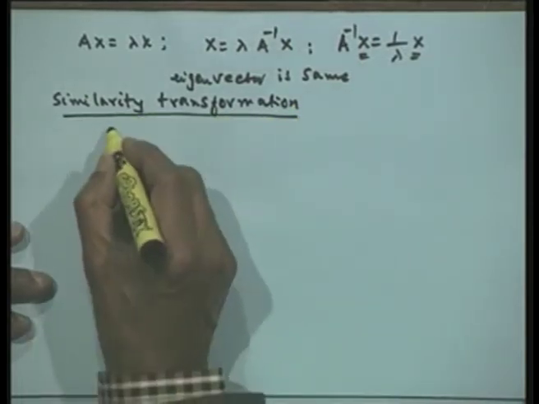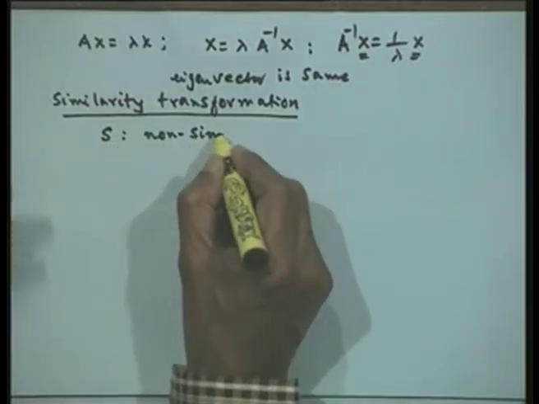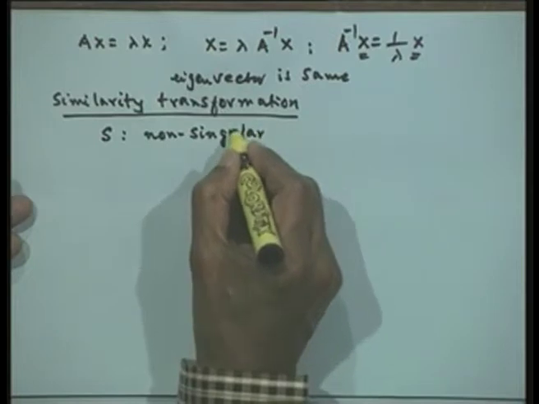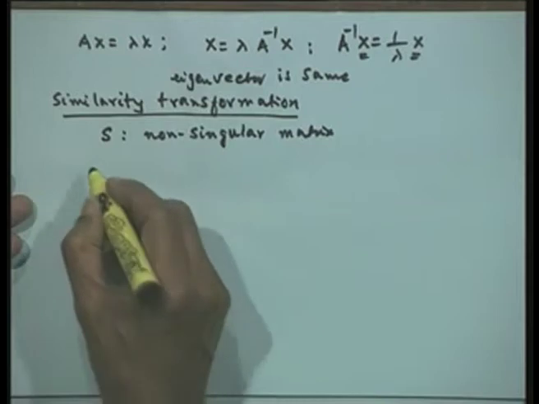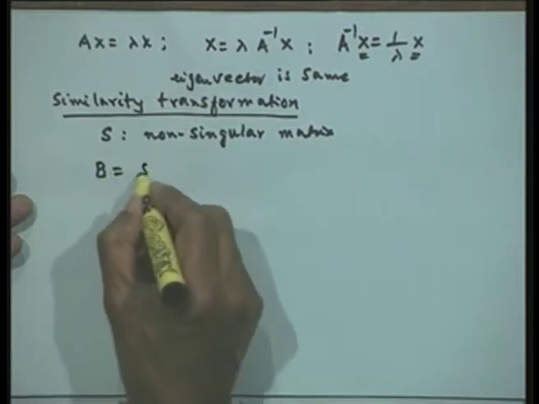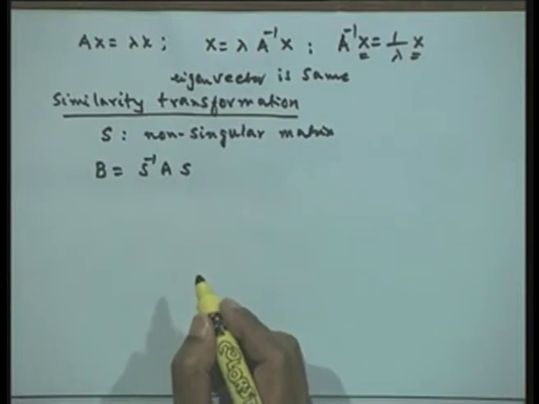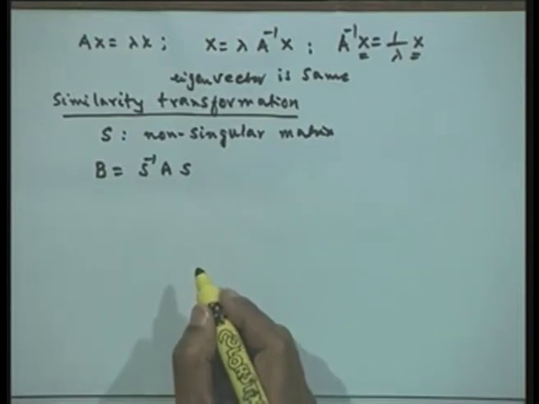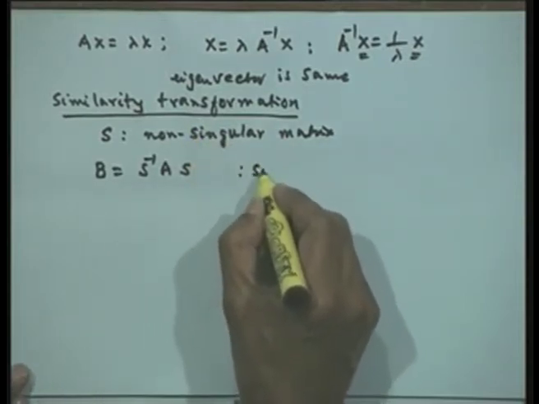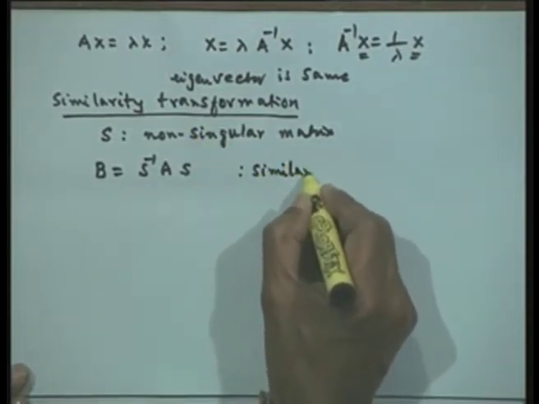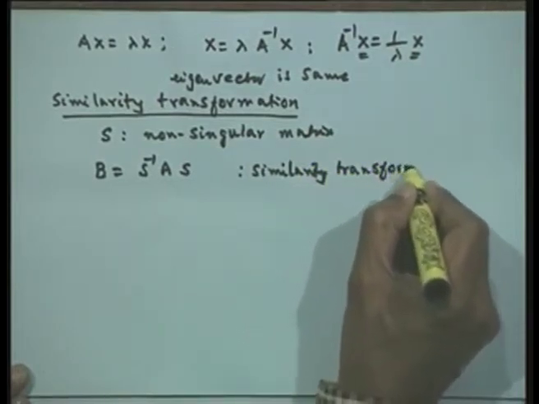I take any non-singular matrix S. Then I form the matrix B as S inverse A S. Then I define this as a similarity transformation.